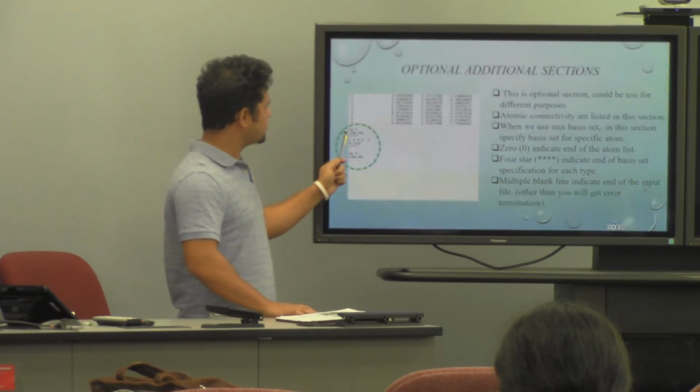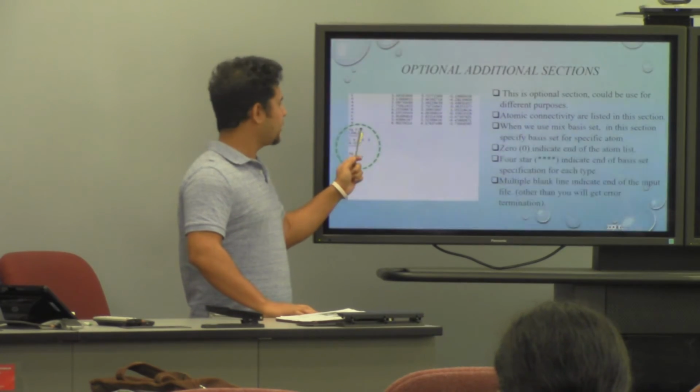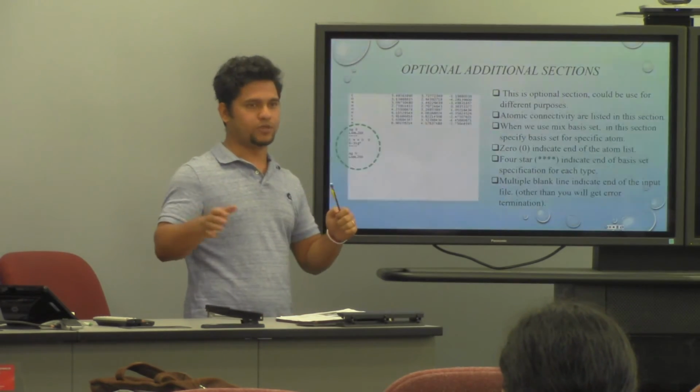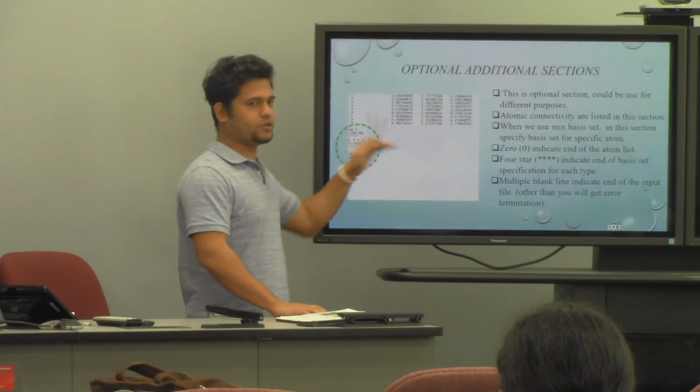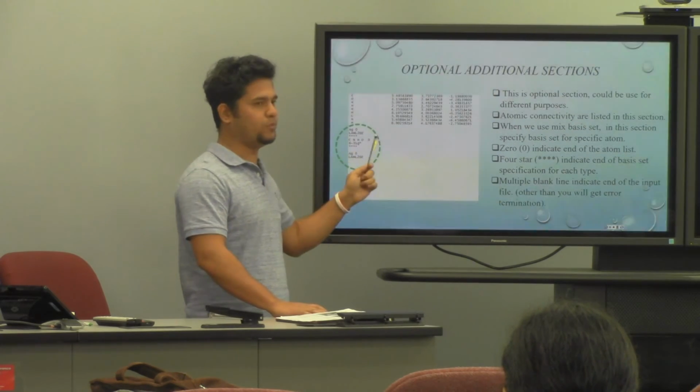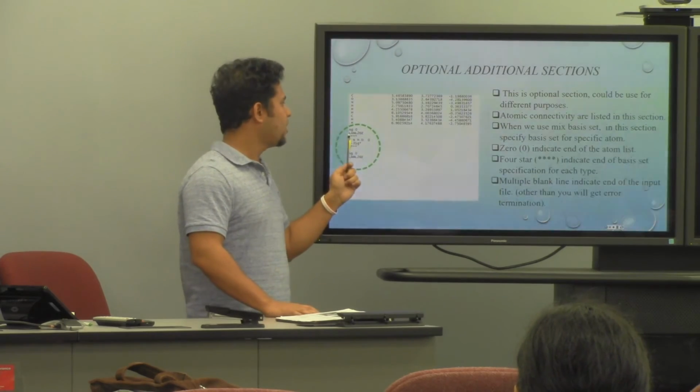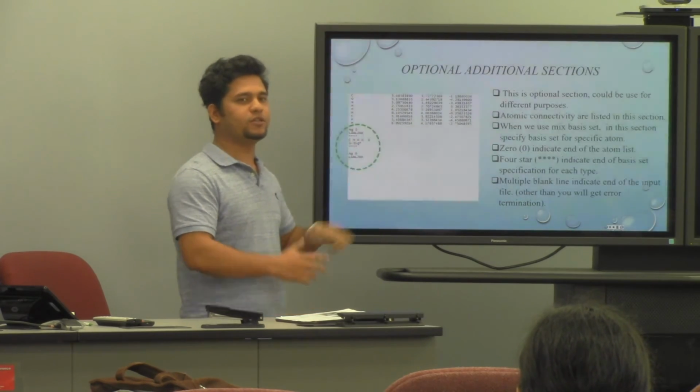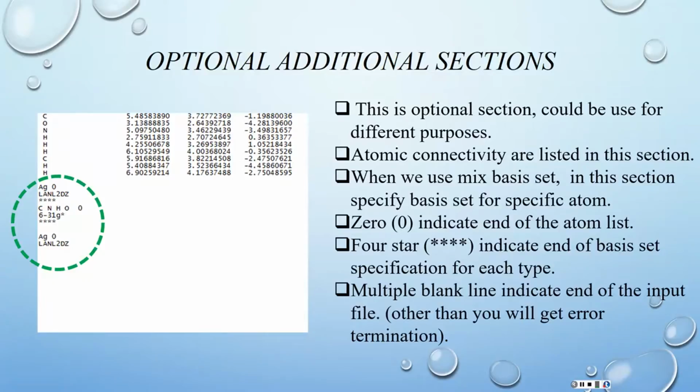That's why I make a list of the atoms, and this 0 indicates the end of the atom list. You always have to put the 0 at the end of the atom list, and the next line is the basis set you want to use. The four stars indicate the end of this type of atoms, and then you start the second list of atoms, and the last number is 0. Don't confuse the letter O, oxygen, with 0; sometimes it's confusing. And the second four-star line is the end of this section too.